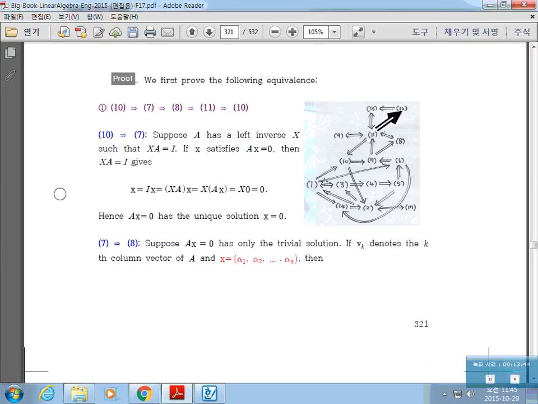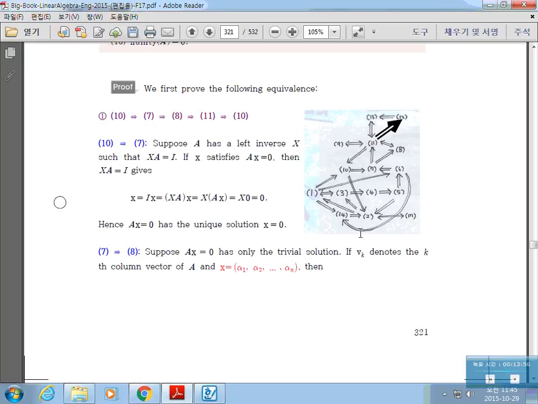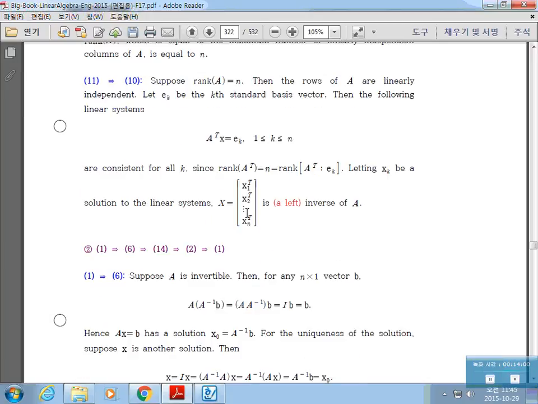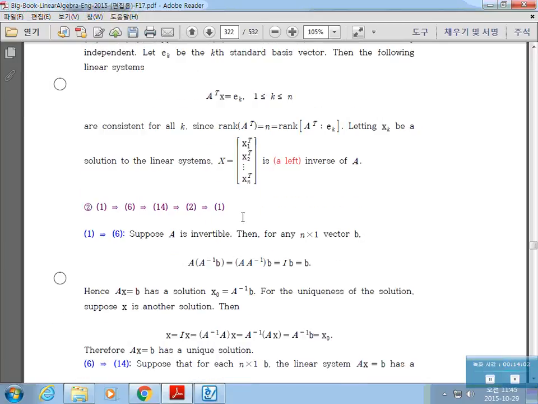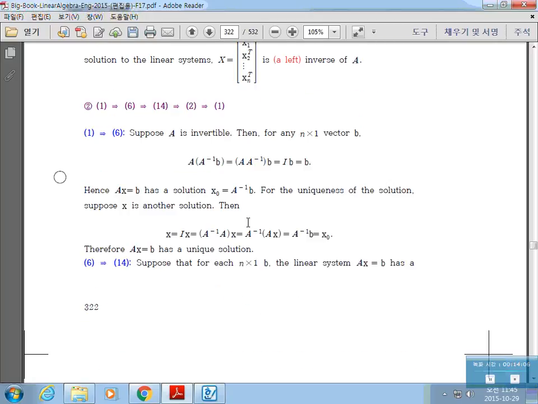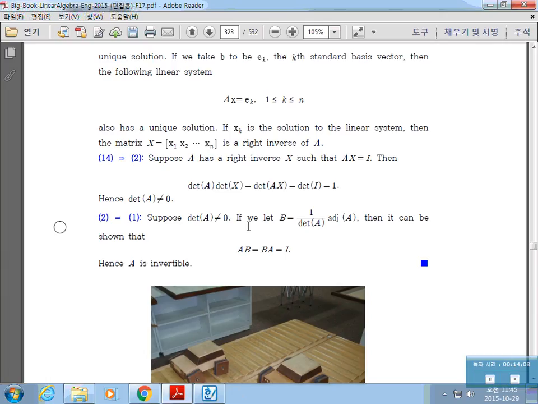I chose the cycle like this. So we were able to show these 18 statements are equivalent. You may take a look and try to show a couple. And if you find any questions, feel free to ask in Q&A. I'll be happy to answer those.